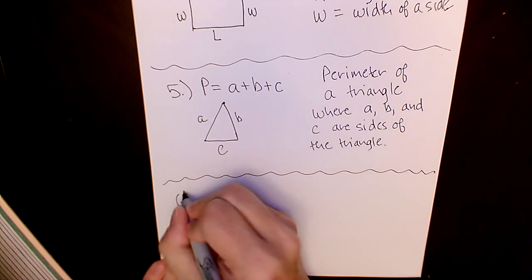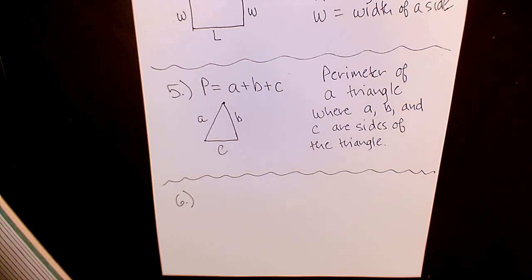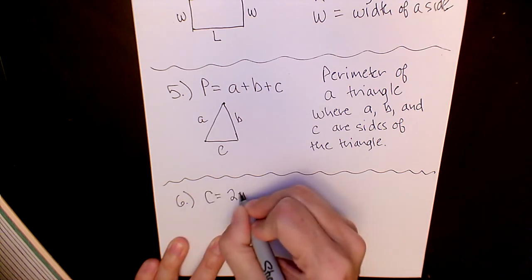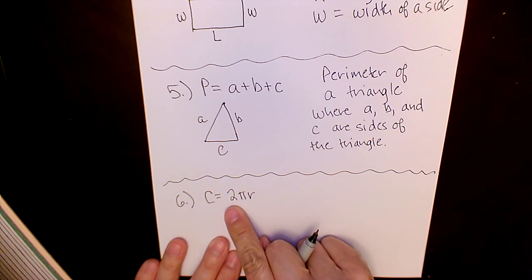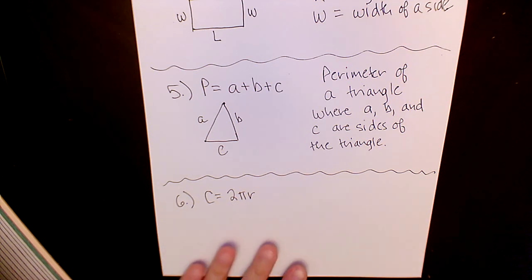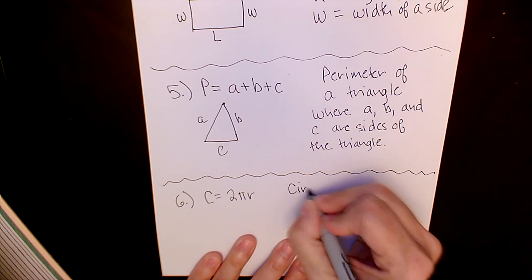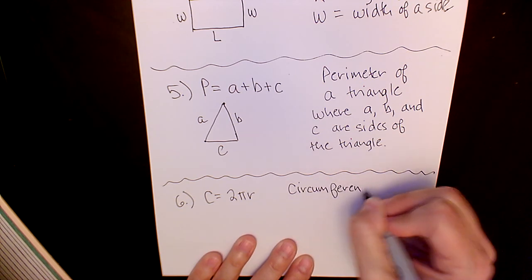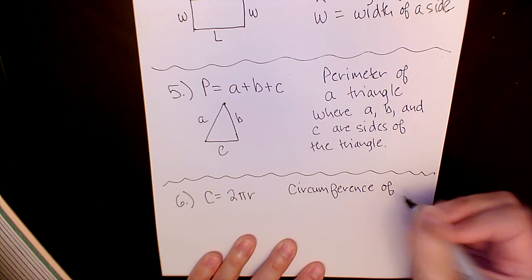I think the last one I'm going to do is also not in the blue box. It's the circumference of a circle, which is equal to 2 times pi times r. Circumference is similar to perimeter.